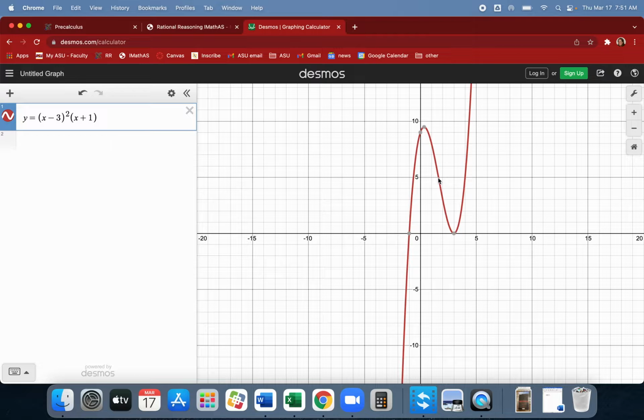This looks more like, yeah, that looks like 1.5, 1.6 or so. But I could say that the left part of the graph, negative infinity through positive 1.6 or so, that's curved down on that interval, left to right.